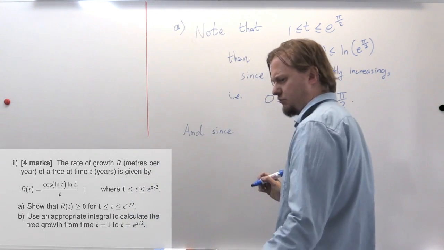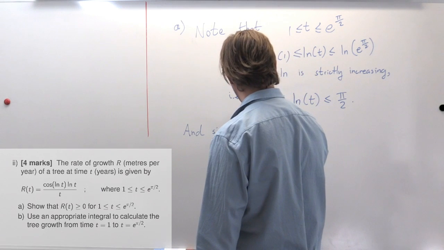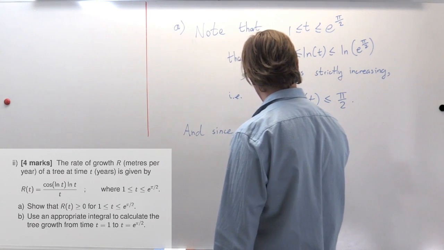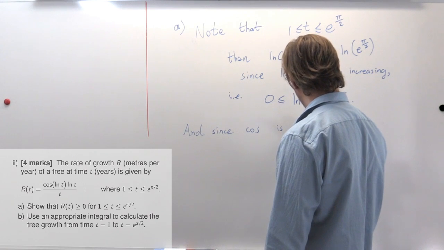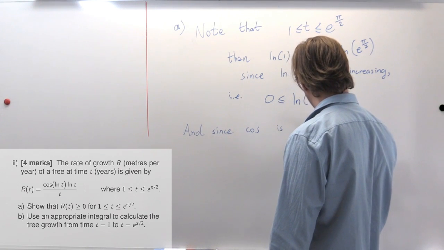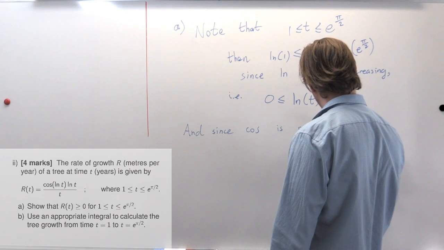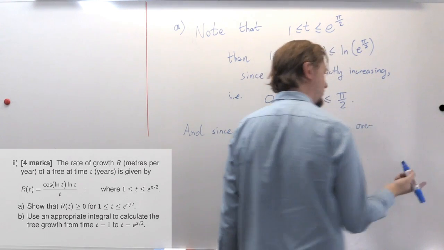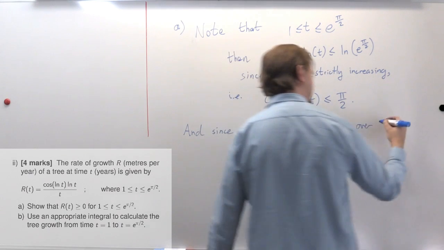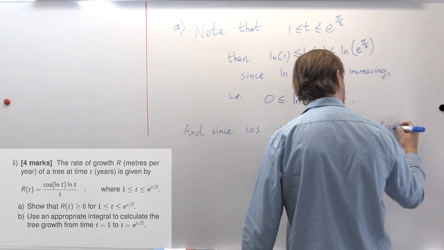It's not a trouble, because cos is non-negative over the range 0 to pi over 2.